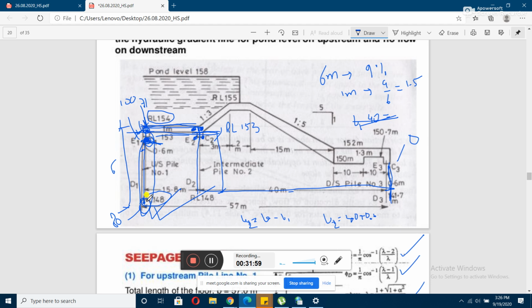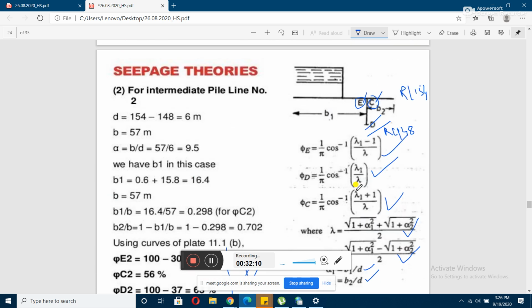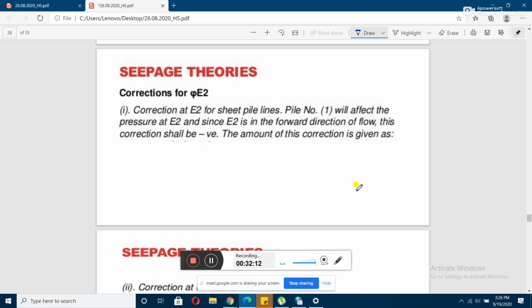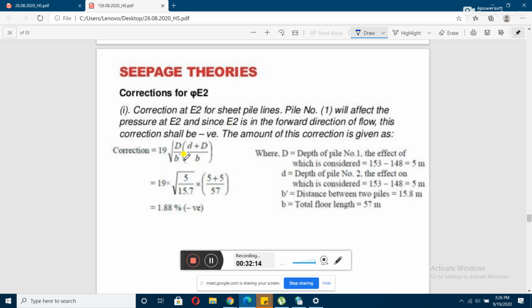So phi E will be changed to phi E2. What is that change? Similarly we have to use this particular formula we have seen: root over capital D by small b dash into small d plus capital D divided by b, whole into 19. This is the formula.